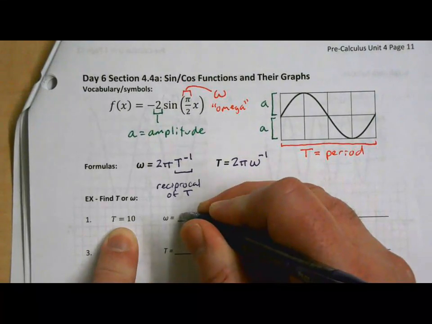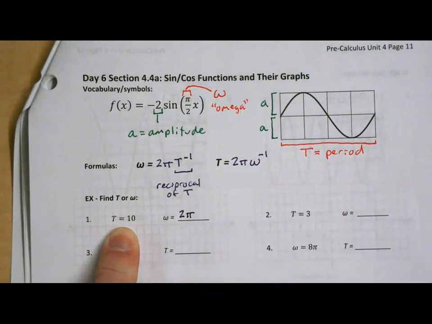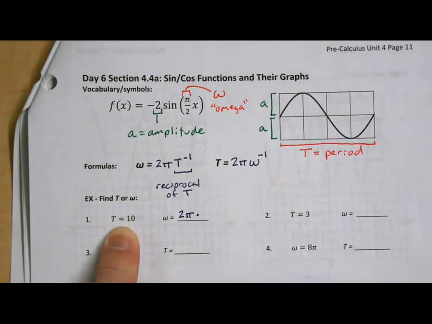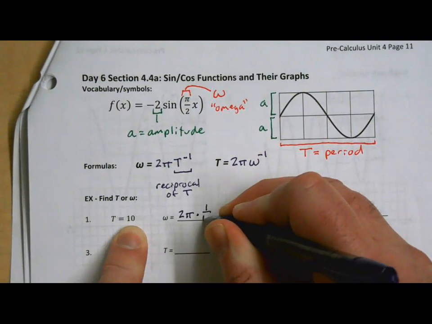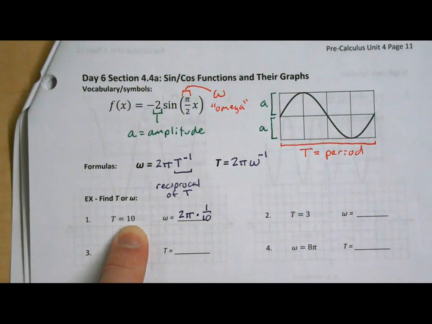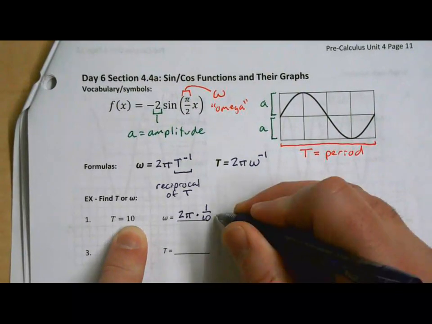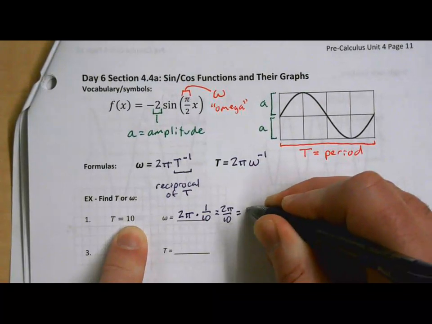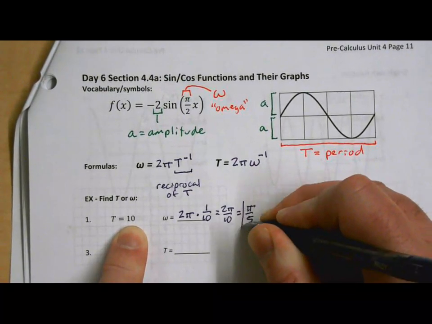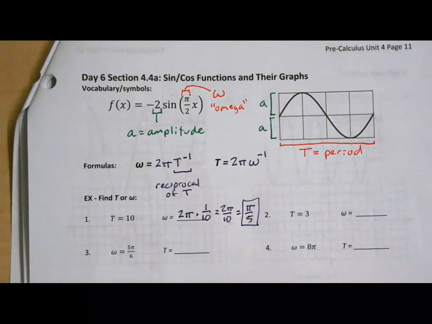I'm going to multiply 2 pi times the reciprocal of T. The reciprocal of T would be 1 over 10. That's 2 pi over 10, aka pi over 5. So omega would be pi over 5 for that one.